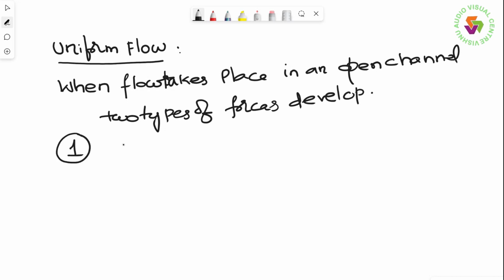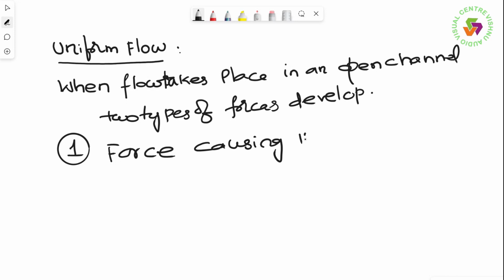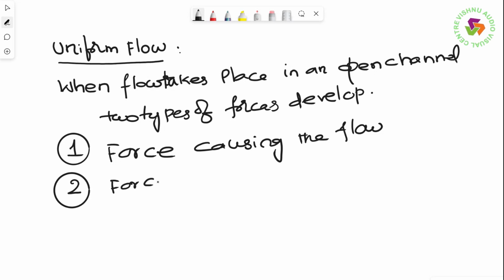Number one is the force causing the flow. The second one is the force resisting the flow.